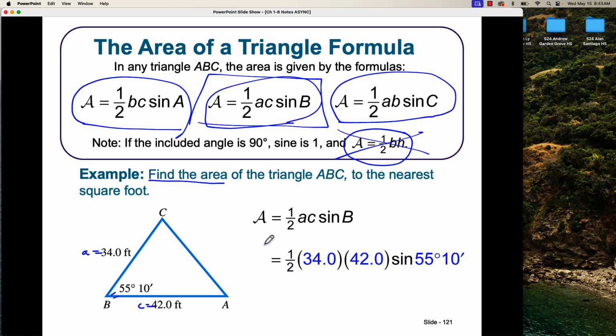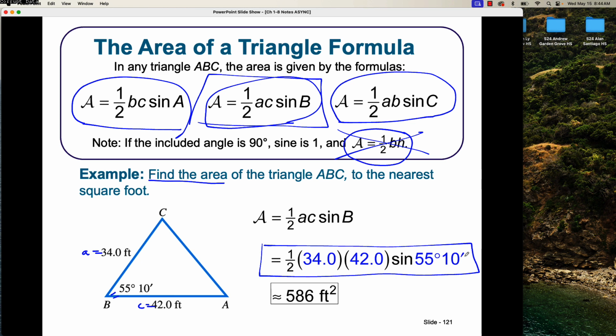At this point, pick up your calculator, type this in, make sure you're in degrees, type in from left to right, and careful with this part. We haven't done this since chapter 1, but we need to type in sine of 55 degrees and 10 minutes. If you type that in correctly, approximate to the nearest square foot as requested, you should get 586 square feet.